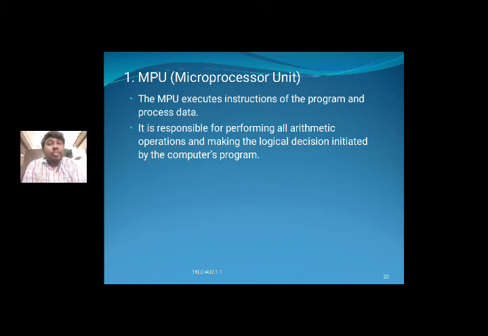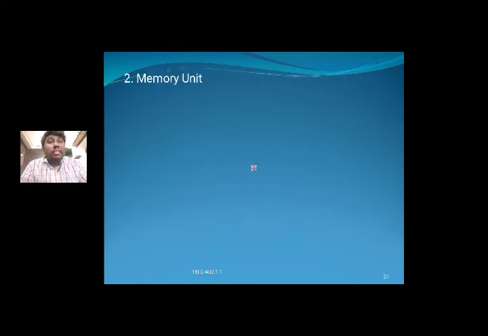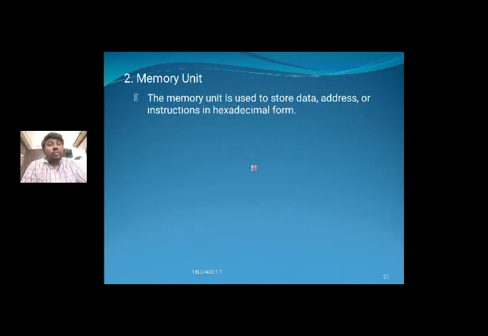It is responsible for performing all the automatic operations and making the logical decisions initiated by the computer program. These are the few important points about the microprocessor unit.